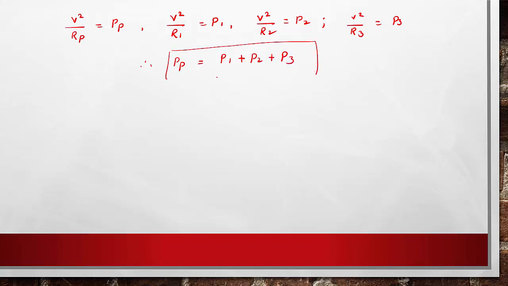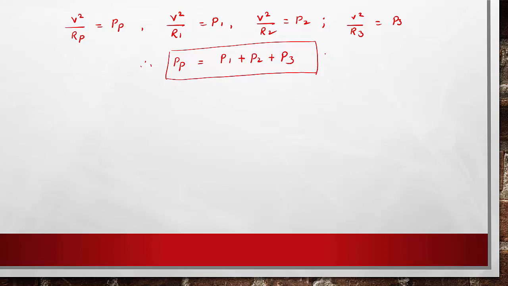In place of V square by R1, we can write P1 for first appliance, V square by R2 is P2, V square by R3, here we can write P3. So therefore, the equation can be written as total power PP is equal to P1 plus P2 plus P3. So this is the power consumption for parallel combination of the electrical appliances.